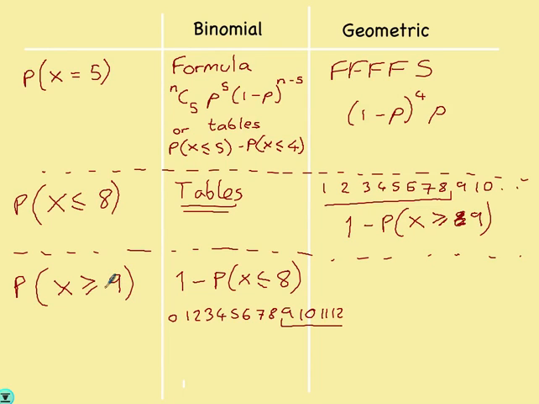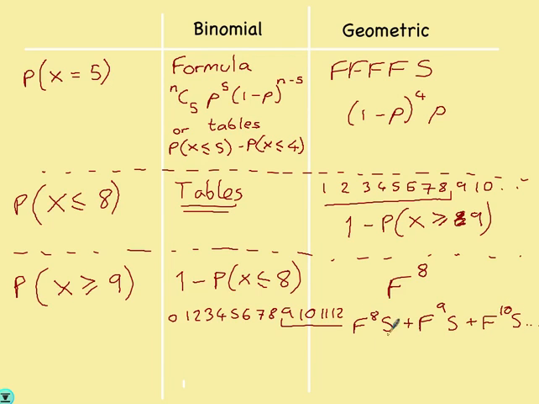If it's got to be more than 9 times, I'm going to have to fail 8 times. And if you're not happy with that, you could do, it's going to be 9, 10, 11 and 12 goes. So 9 goes is going to be 8 fails and a success, plus f to the 9 and a success, plus 10 fails and a success, and this is going to go on forever.